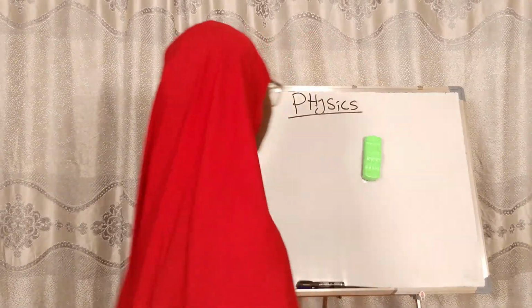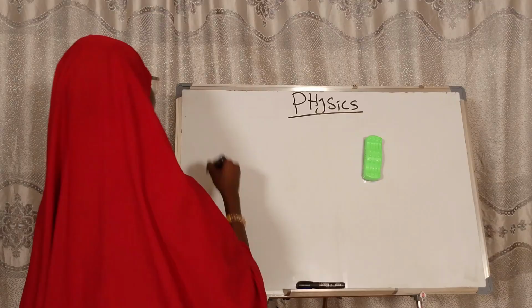Today we are going to learn physics. In this first topic, we are going to discuss measurements. Under measurements, JAMB has listed 8 subtopics that you are expected to master. These topics are: 1.